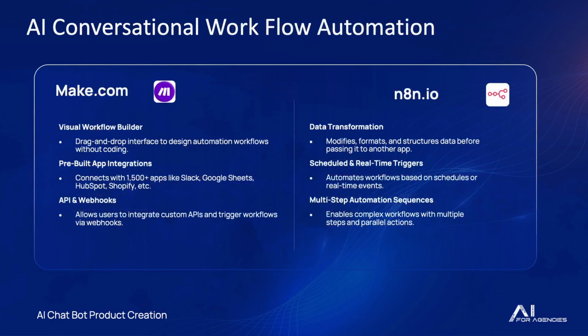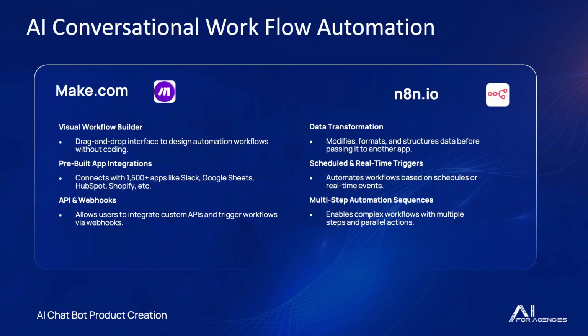What we're then going to do is go over to make.com or something like n8n.io, and we are going to create the automations, right? And this is basically the integration so that the voice bot, the chatbot, can talk to various systems. So it can talk to Shopify, and it can get data from them, etc. We have a visual workflow builder, which is drag and drop within make.com to design the workflows.